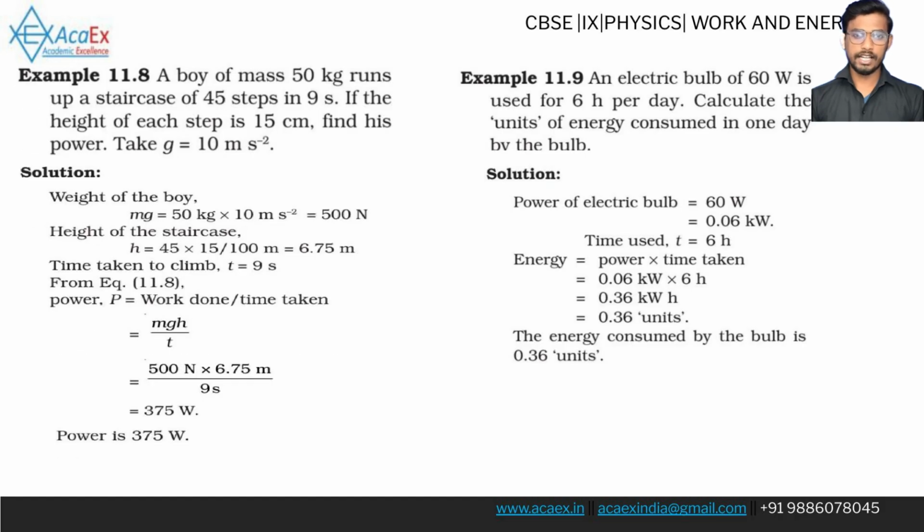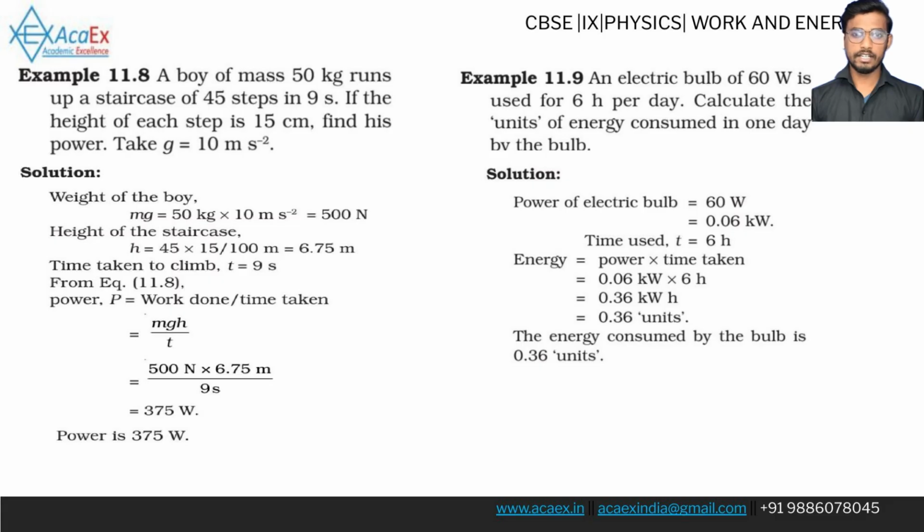Example 11.8. A boy of mass 50 kilograms runs up a staircase of 45 steps in 9 seconds. If each step is 15 centimeters high, find his power. Take g equals 10 meters per second squared. Solution. Weight of the boy, m multiplied by g equals 50 kilograms multiplied by 10 meters per second squared, which equals 500 newtons. Height of staircase, h equals 45 steps multiplied by 0.15 meters per step, which equals 6.75 meters.